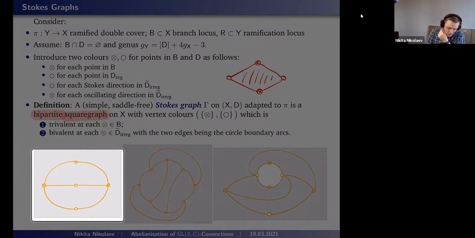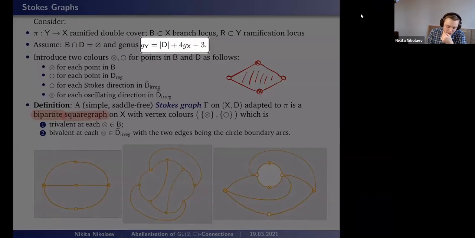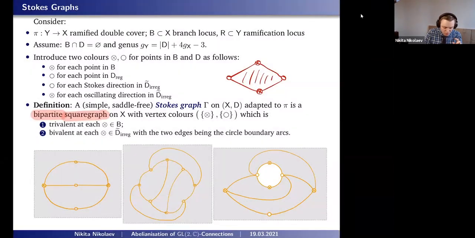So I have 3 simple poles, and with the numerics that I mentioned here, D has to be 3. So 3 minus 3 is 0, and I'm on P1, so the genus of X is 0. So the genus of Y has to be 0. So what I'm looking at, the double cover is just a double cover of P1 over P1. And these are the 2 branch points of my double cover.